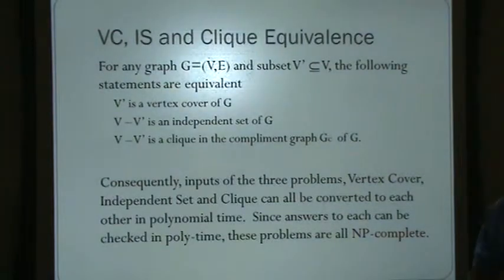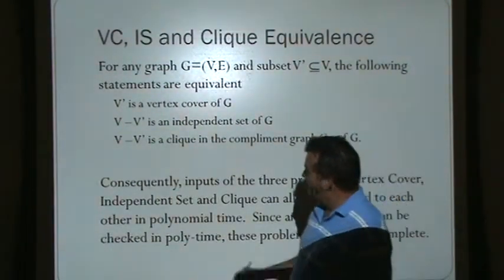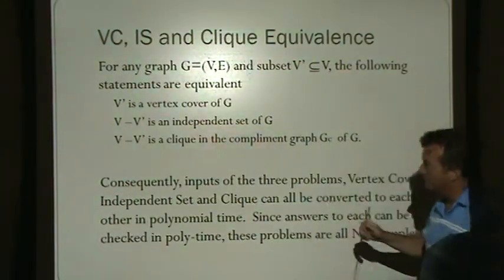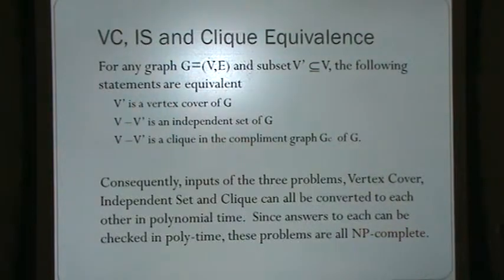Otherwise your vertex cover wasn't correct. And then all the points minus the ones in your vertex cover is a clique of the complement of the graph. The complement would be if you took away edges that are there and put edges that aren't back. So if there's an edge between 2 points, take the edge away.